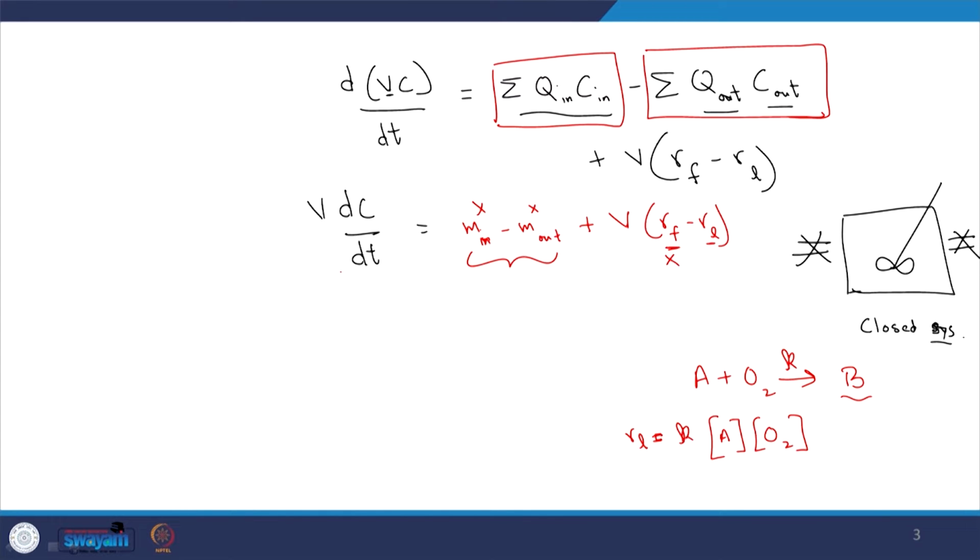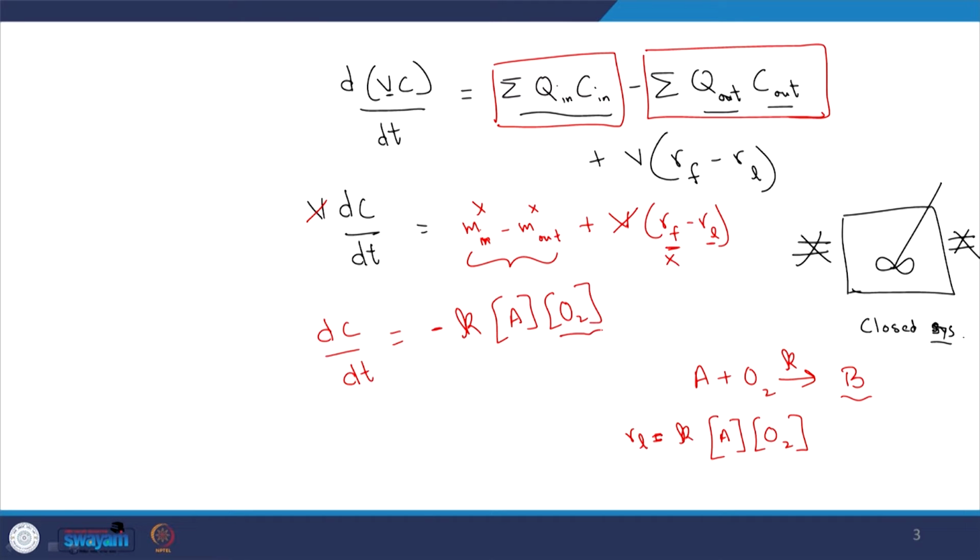So, V dC by dt, cancelling out this V and V, dC by dt is equal to rate of formation is 0, the A is not being formed here, is equal to minus rate constant of this reaction times A times O2.